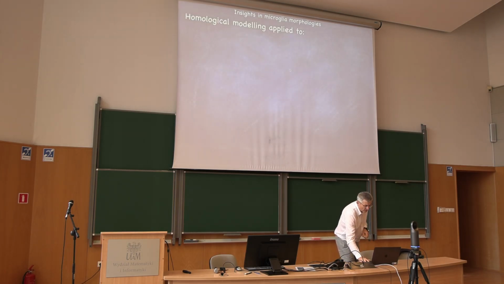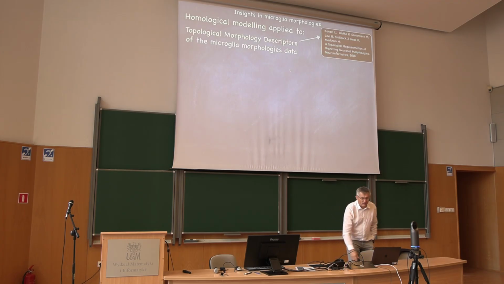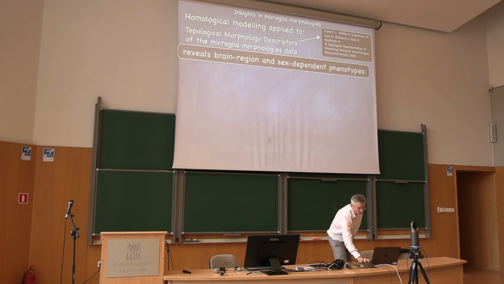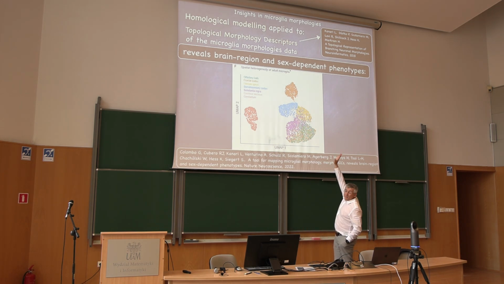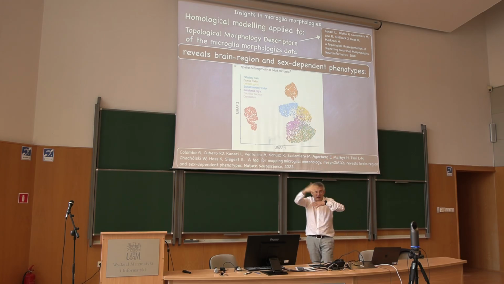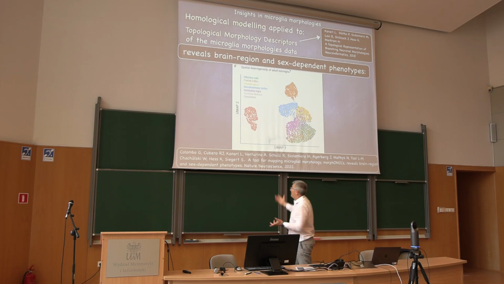So we applied topological modeling, not to the actual morphologies, but to morphologies that were transformed by this TMD that Pavel was involved in. And we could answer their questions. We represent them by certain average stable ranks. Those are functions, so we have some vectorization.